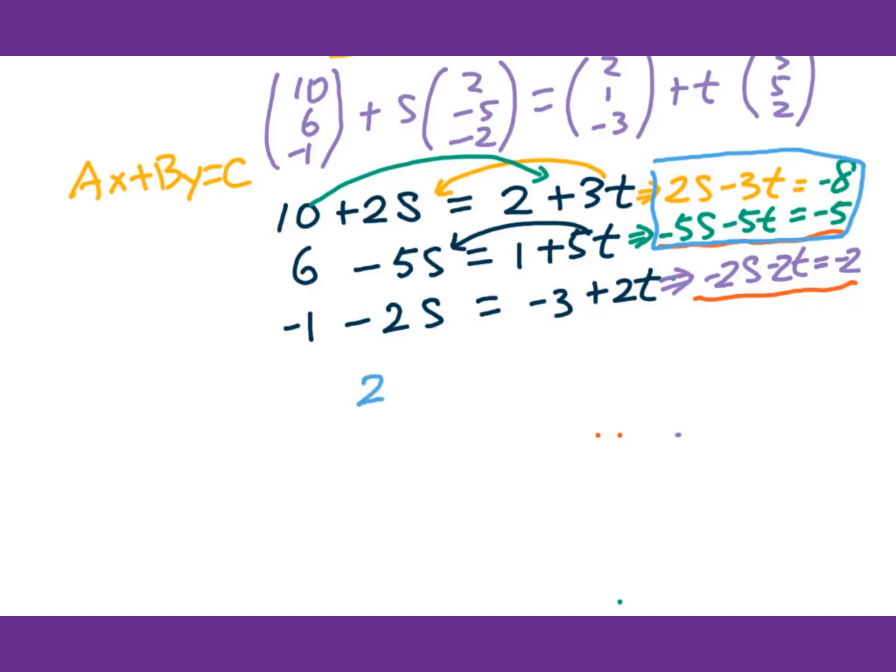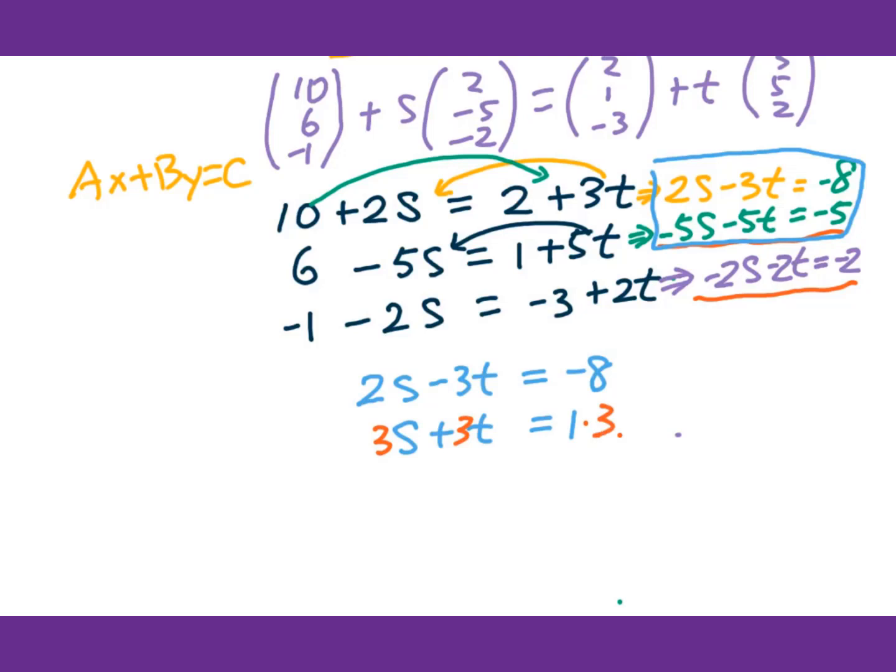Let's organize. 2s minus 3t equals negative 8. For the second equation, I divide everything by negative 5. You will get s plus t equals 1. You can use substitution to solve, or you can do the multiplication. I multiply the second one by 3.